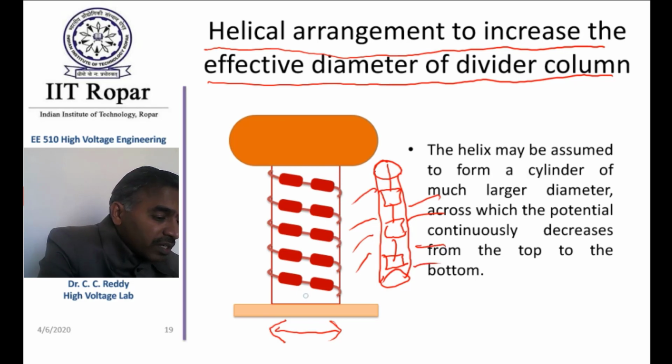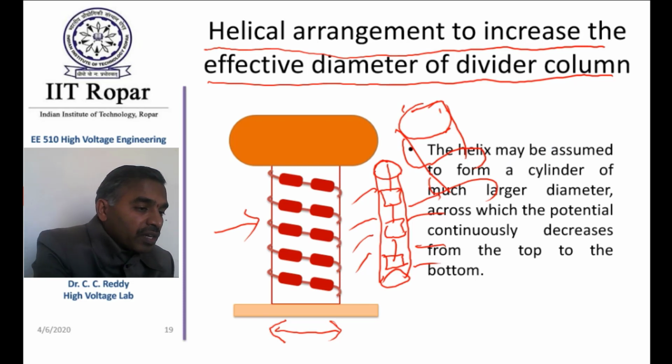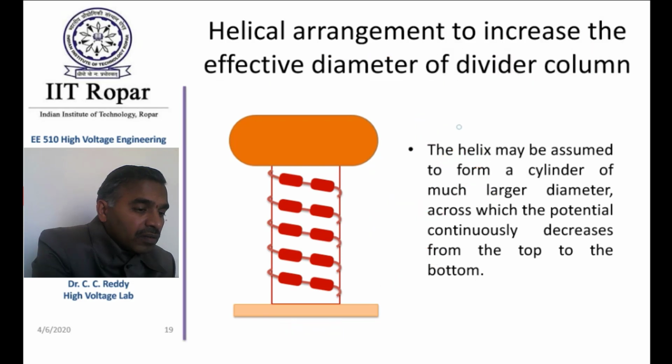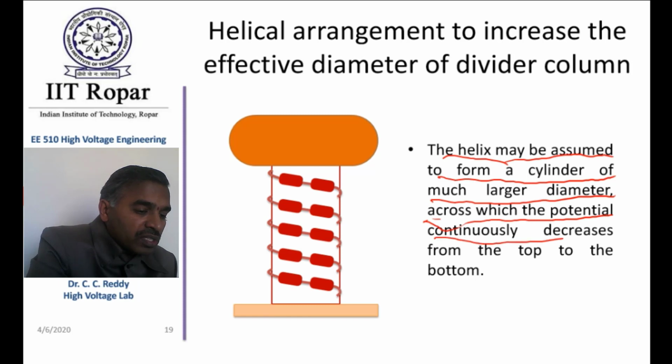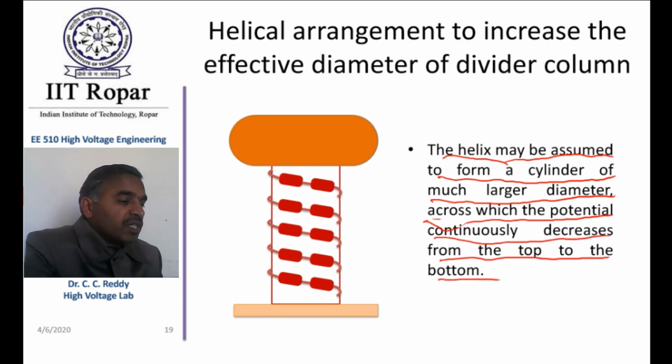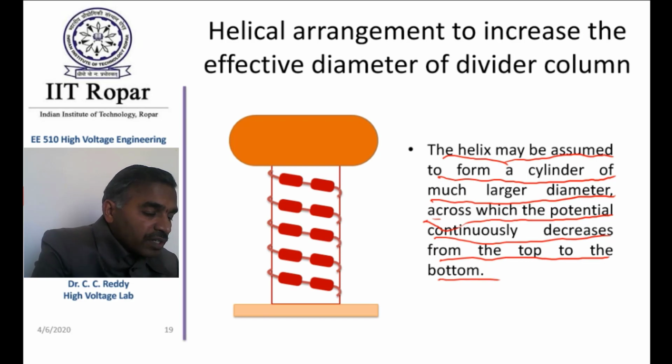To minimize that, and to increase the effective diameter, a helical structure is used around the cylinder, as shown here. The helix may be assumed to form a cylinder of much larger diameter across which the potential continuously decreases from the top to the bottom. So this is how it is done.